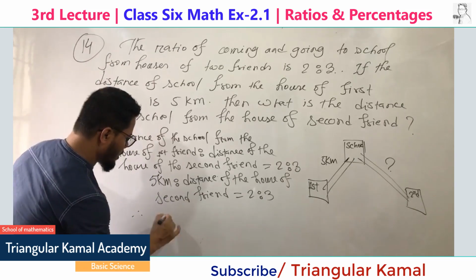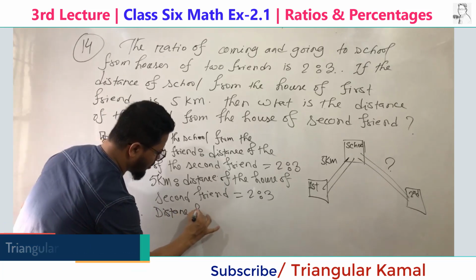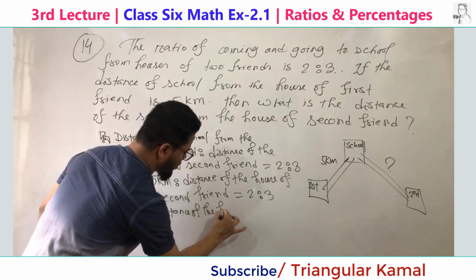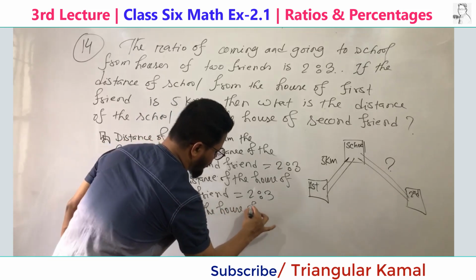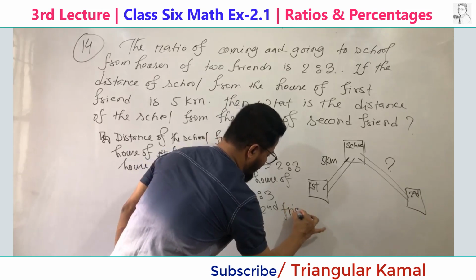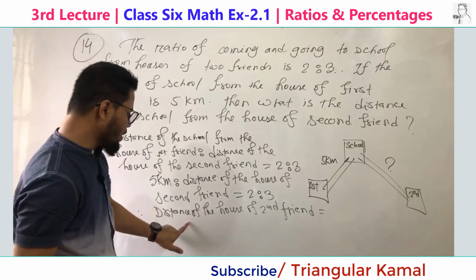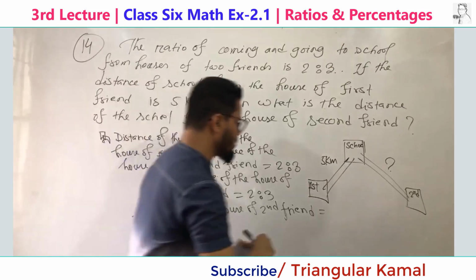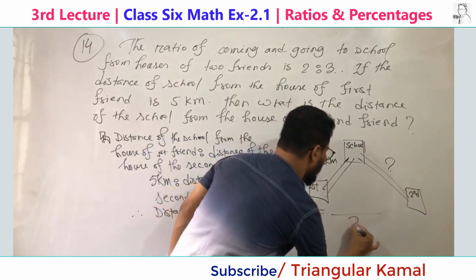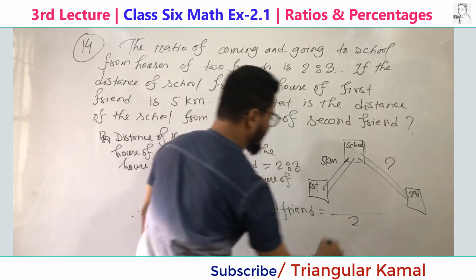Second quantity, that is the distance of the house of second friend, equal. The second quantity is unknown, so we know second quantity multiply with third quantity. So here third quantity divided by 2, and first quantity multiply with fourth quantity, 5 multiply 3.